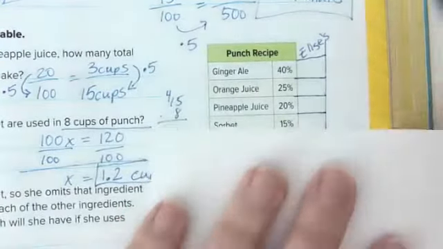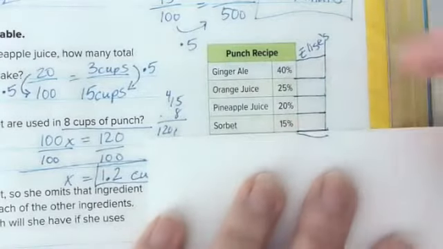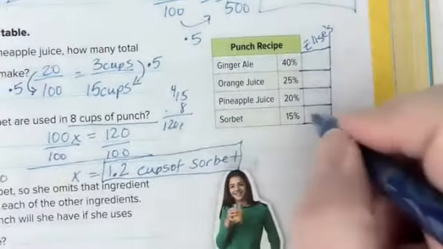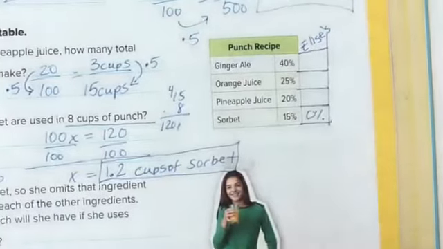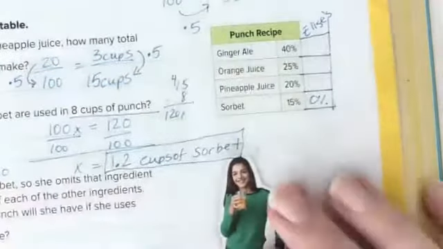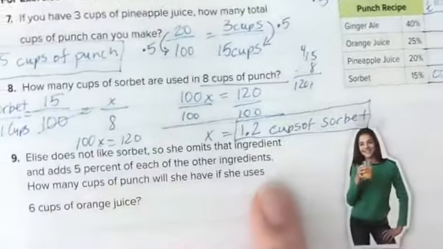Okay, so she isn't having any sorbet at all. So this is going to 0%. And then she adds 5% onto each of the other ingredients.